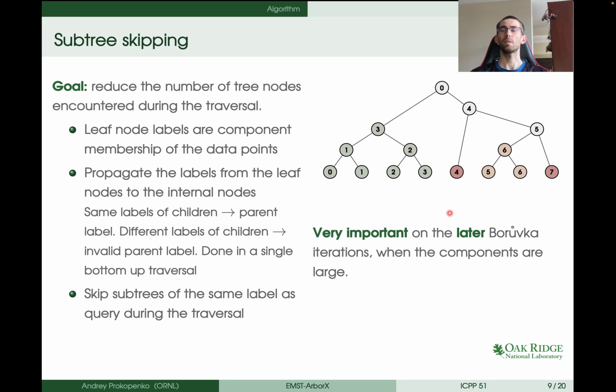This is not very important on the early Borůvka iterations when the component size is very limited. However, once we grow the components, and particularly on the later Borůvka iterations, this becomes a crucial optimization to keep the complexity of the algorithm limited.